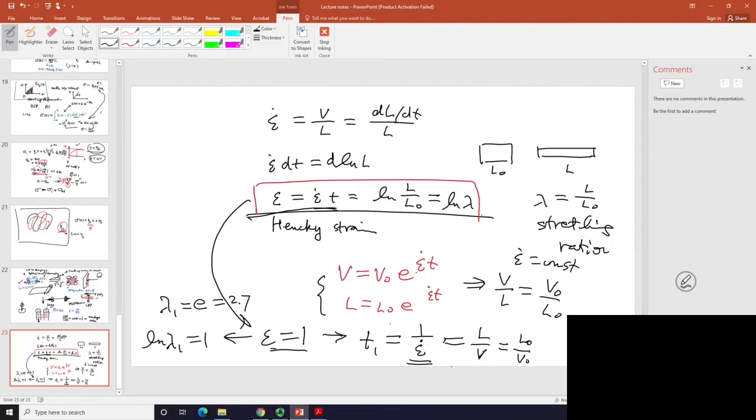And that analogy, of course, is very strong compared to what you had in shear. So it is easy for us to ask the question, how long has it taken us to make a considerable shape change, which is this.